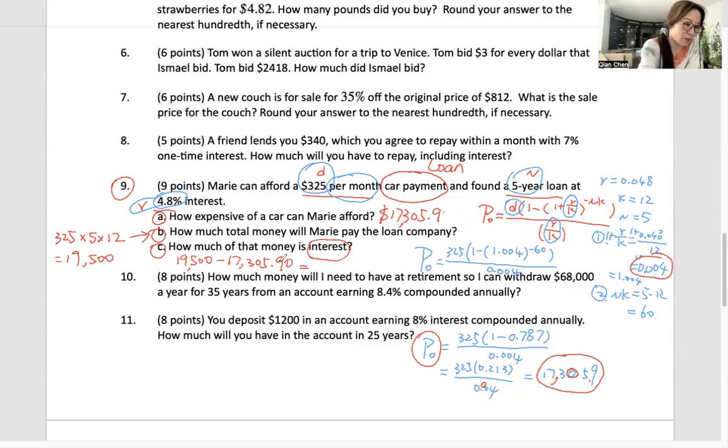So subtract 17,305.9 to get $2,194.01. So that's the interest. She paid in total, subtract the loan amount, it's the interest she paid. Okay, that's for 9. Now let's see 10.